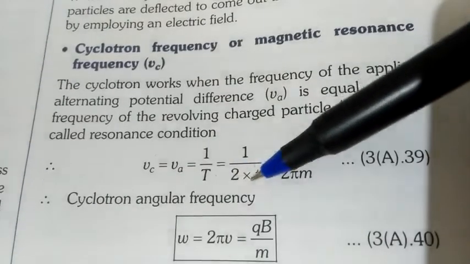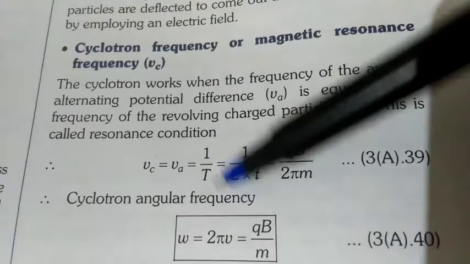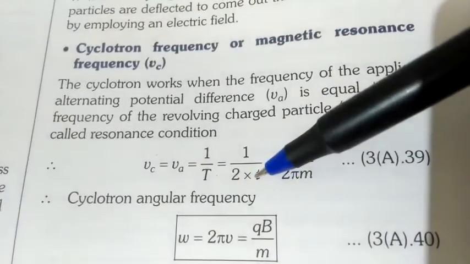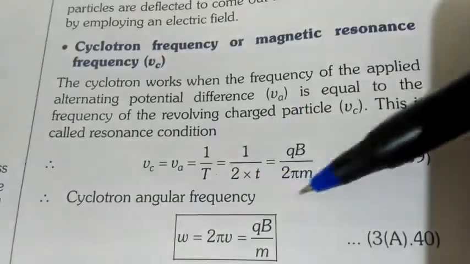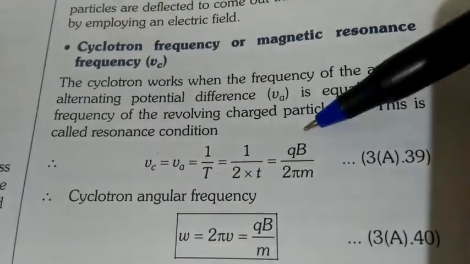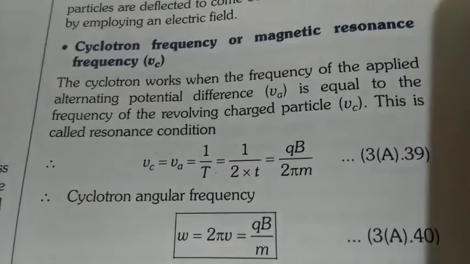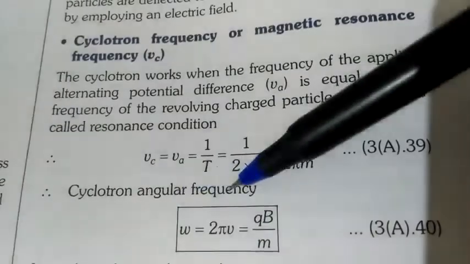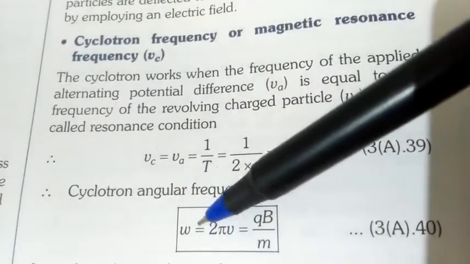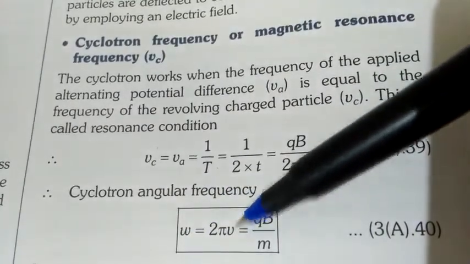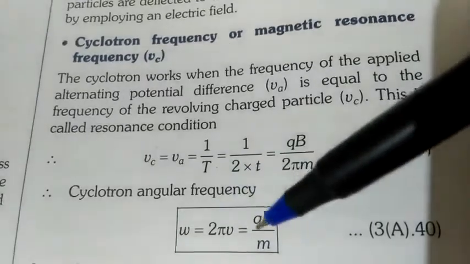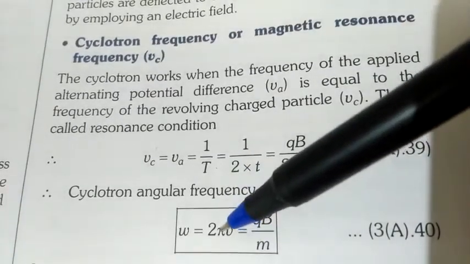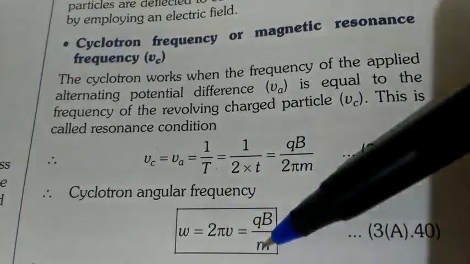That's why it is multiplied by 2 here. When we write it in the value of t here, we get this equation. So this is the cyclotron frequency. Cyclotron angular frequency is given by ω equals 2πν. When we put the value of ν here, π gets cancelled, 2 gets cancelled, and we get qB upon m.